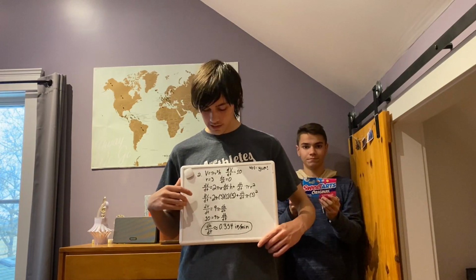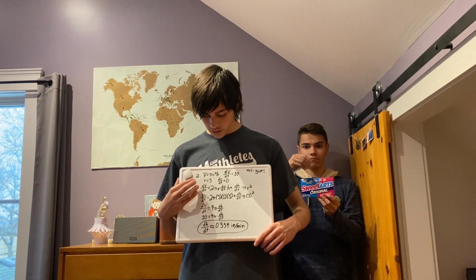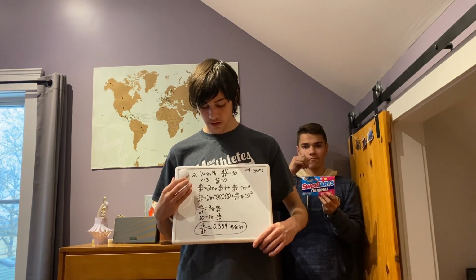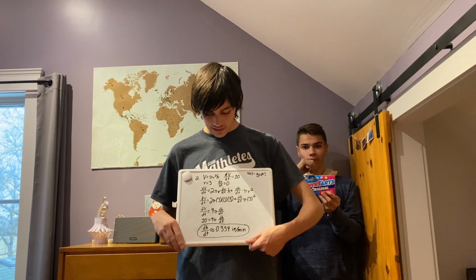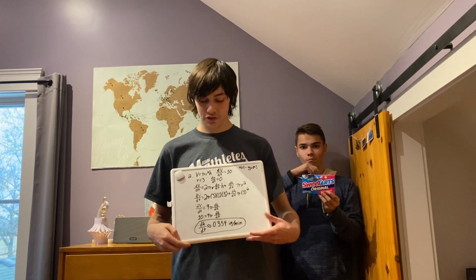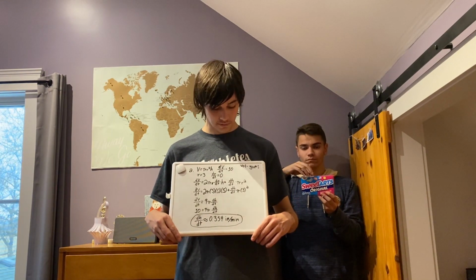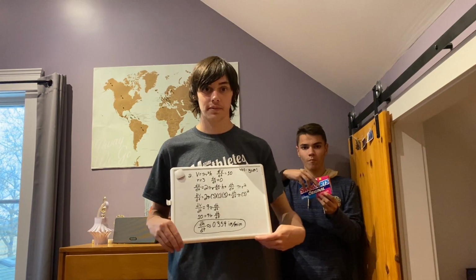So we know that the volume of a cylinder is equal to pi r squared times h. So we can then do the derivative of that to get dV over dt is equal to 2 pi r dr over dt times h plus dh over dt times pi r squared.